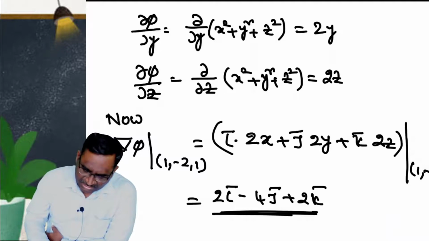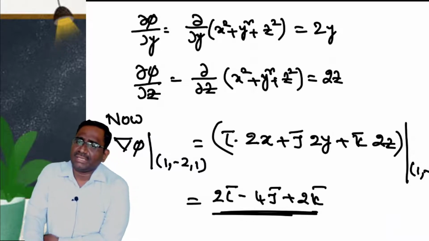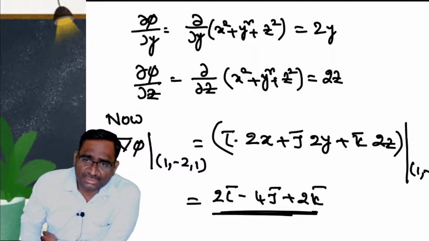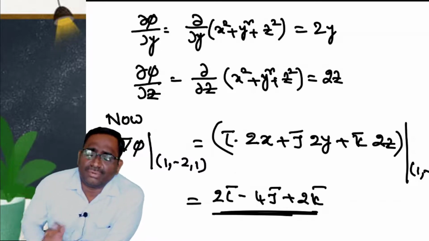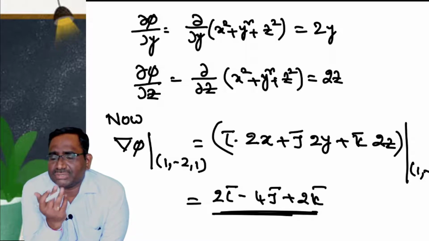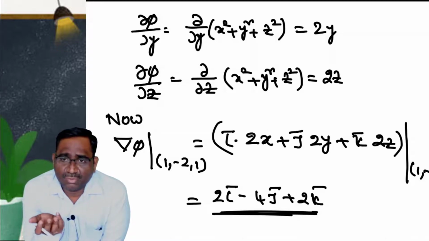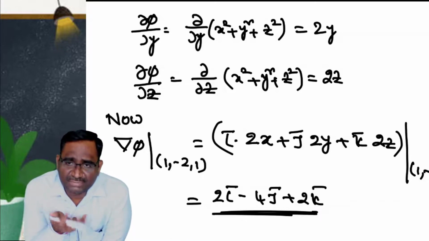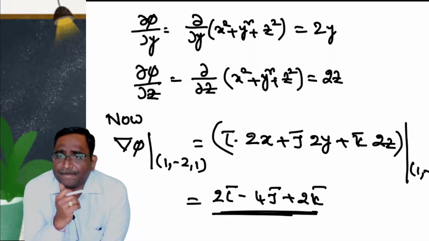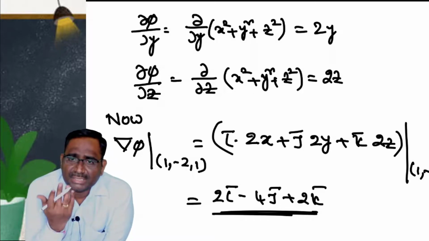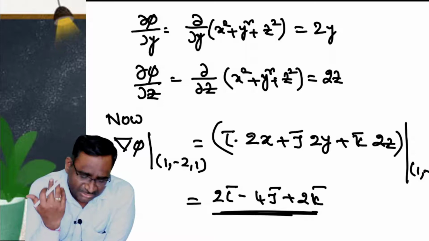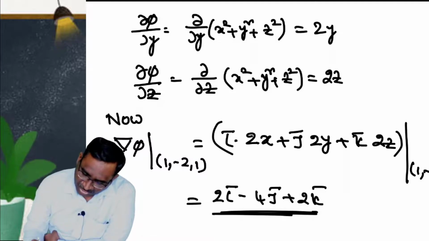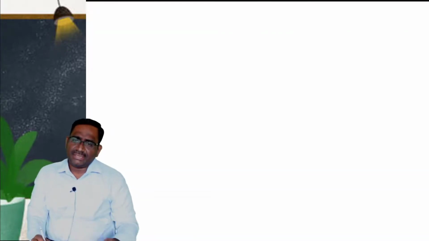This is the way he is going to ask in the final questions: what is the normal vector to the given surface at that particular point. The normal vector is nothing but the gradient of a scalar point function. In this gradient, there are 4 to 5 most important definitions.